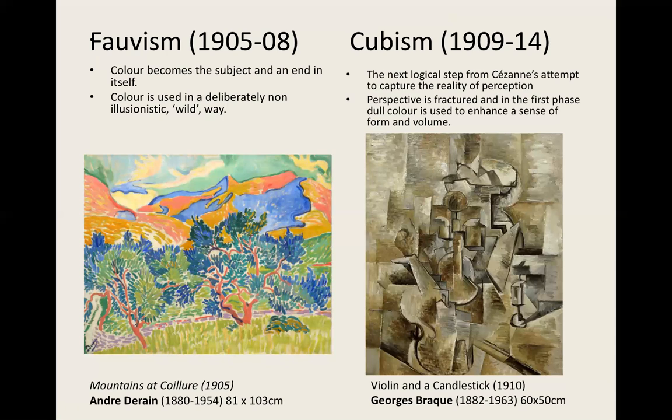The idea is trying to capture something about the reality of how we look, that we don't look through one point perspective. We see things from different angles. Our head moves, we will move around a subject on a table. And so they're trying to find a way of honestly depicting this on a 2D surface. They did this by fracturing perspective. So you're seeing different angles of the same object from different viewpoints.